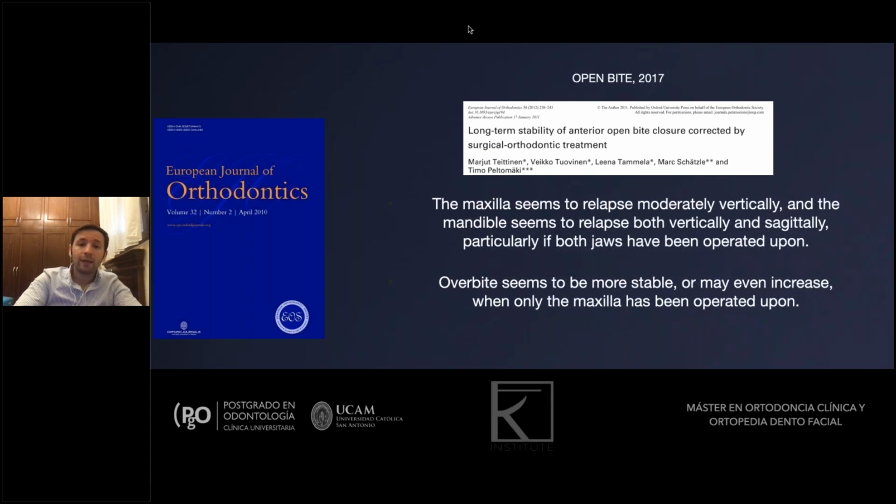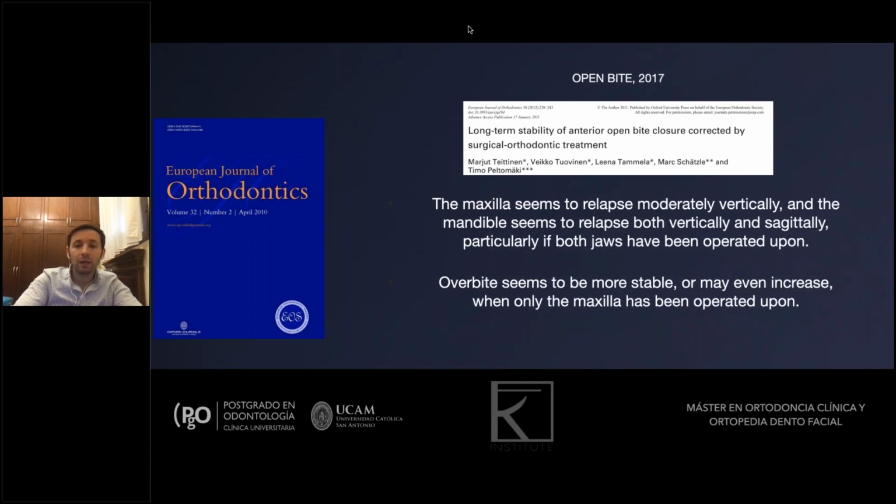In the long term, the maxilla seems to relapse moderately vertically, and the mandible seems to relapse both vertically and sagittally, particularly when both jaws have been operated upon.